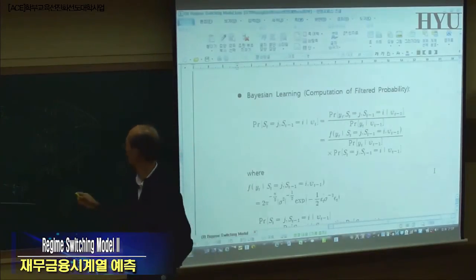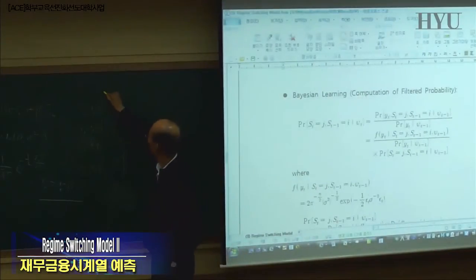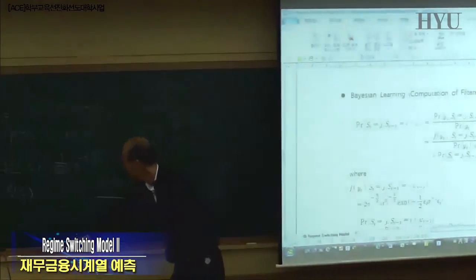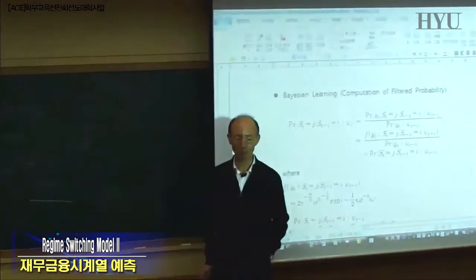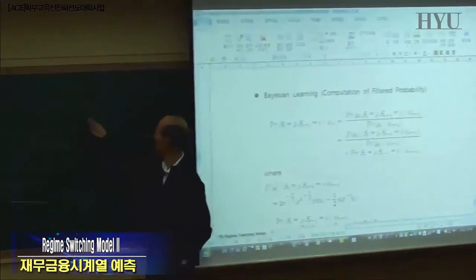Well, if you somehow know the probability that the state at time t is 1, so this probability, let's say that is 0.70, 0.10, 0.10, 0.10. Suppose you calculate that probability.